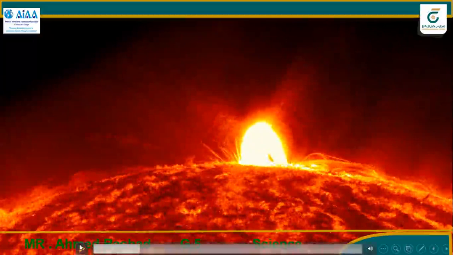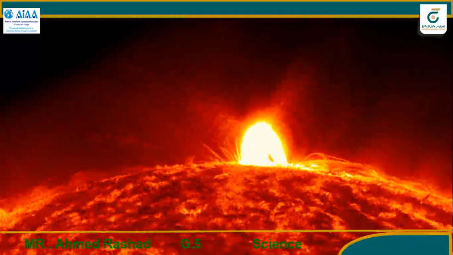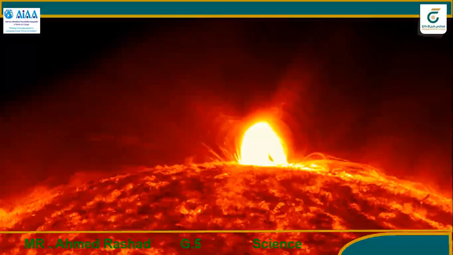You can see here a close-up of a spot on the sun's surface, and you can see the firing and some blurring on the sun's surface.